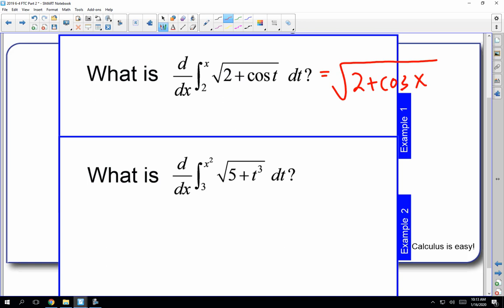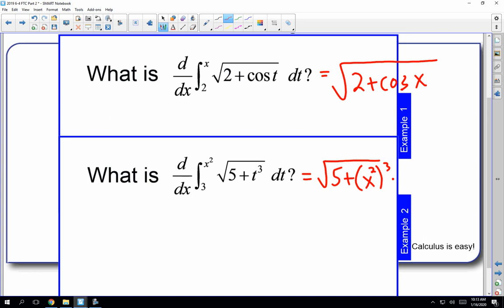All right, so according to the fundamental theorem of calculus, this is equal to the square root of 5 plus something cubed. What goes into something cubed? x squared, yeah. But according to the chain rule, what do we have to do with the inner function? Take the derivative of it, right?